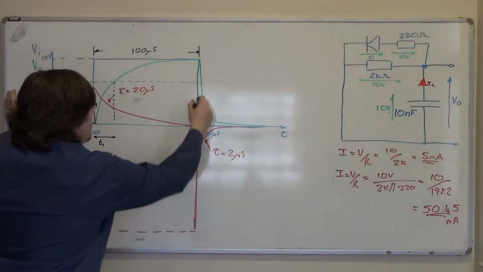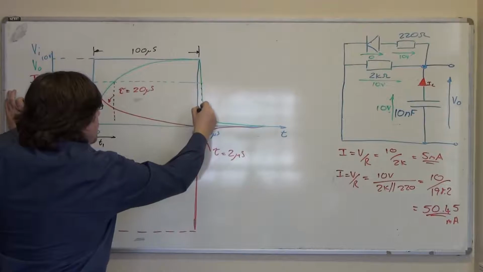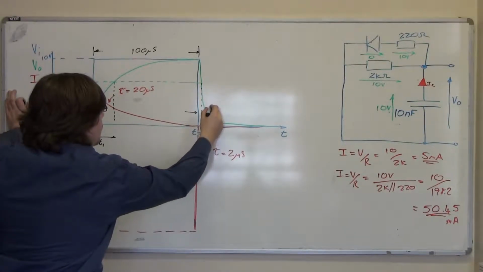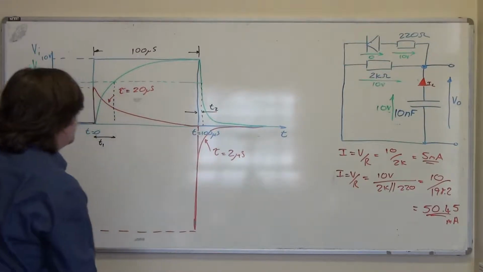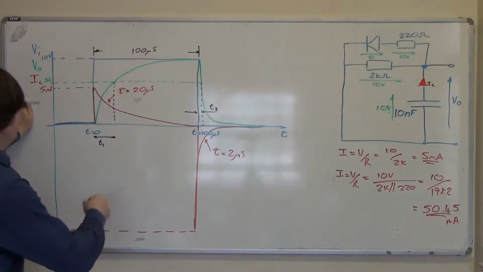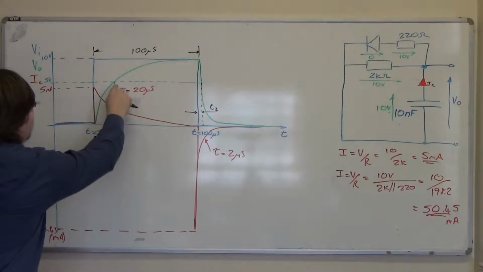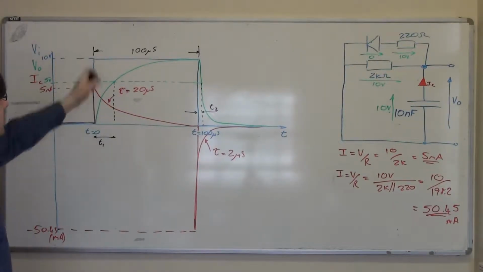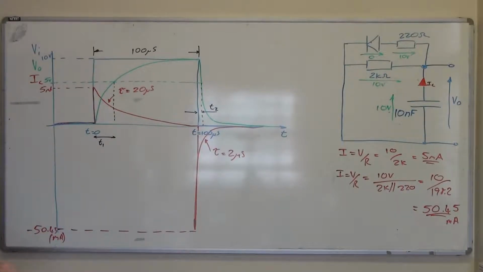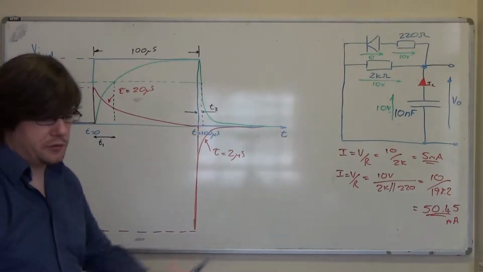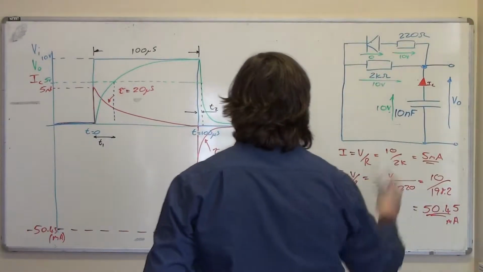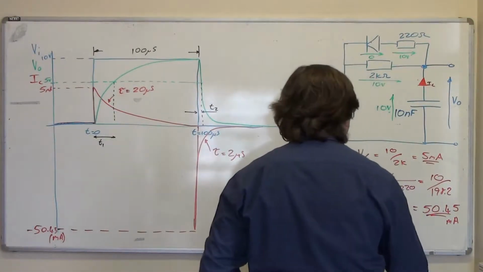And there's another unknown amount of distance there. I call that T2. So what we've got to do is figure out how long between this point here and this point here. So we'll need to know the equations that describe the exponential shapes, which is why the question asks us to write them down. So to do that, I'm going to rub out the circuit so I can write and have the graph at the same time.